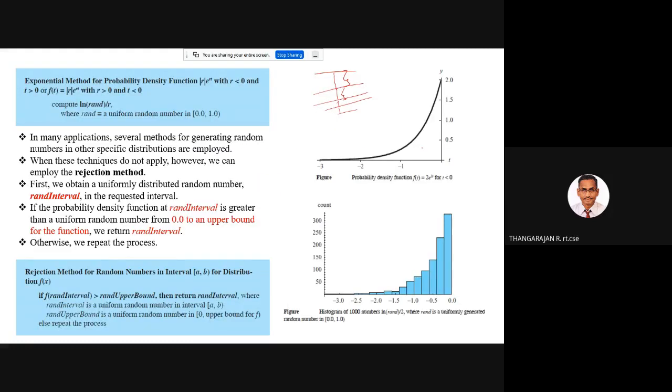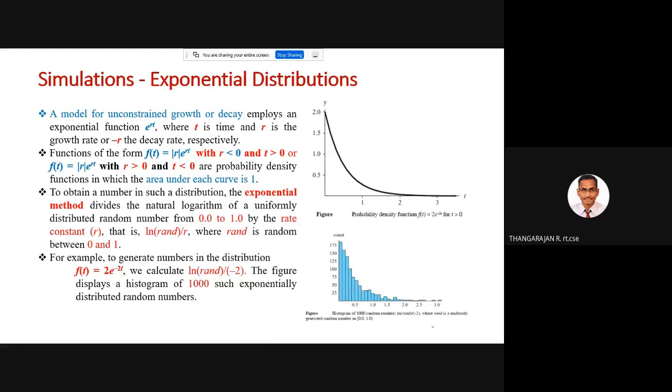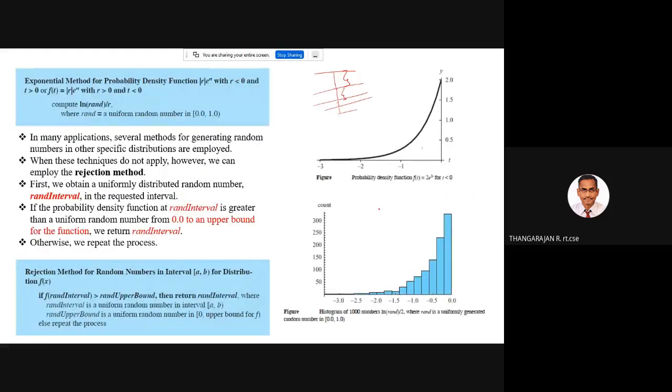There are two things. Yeah, this one. I think I skipped one. So this is on the positive side, when x is greater than 0 or t. In this case, I have put it as t, and this is the negative side when t is less than 0.